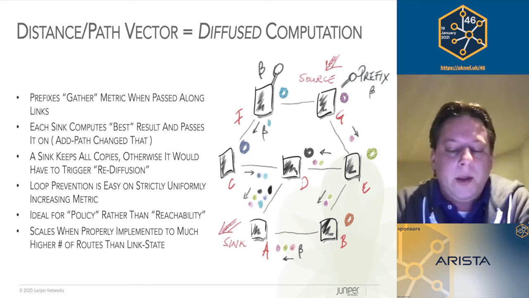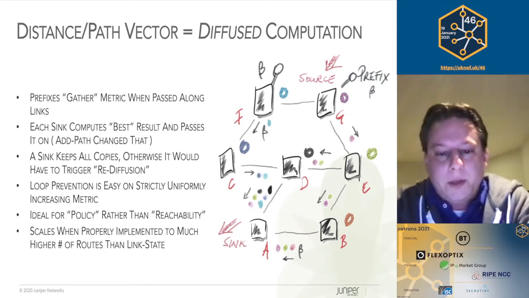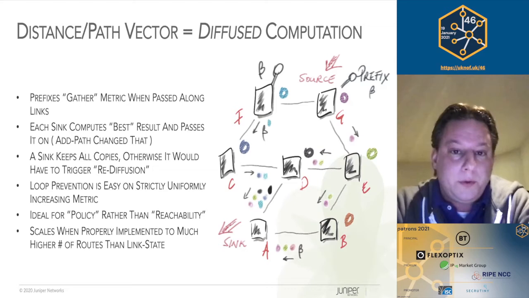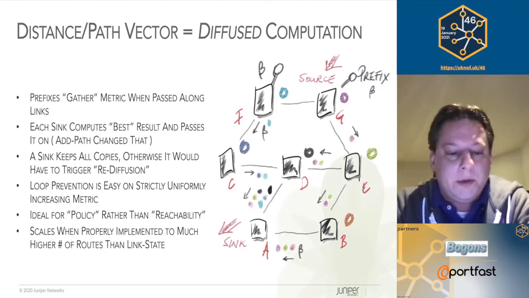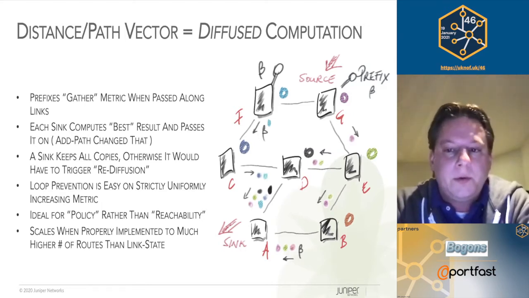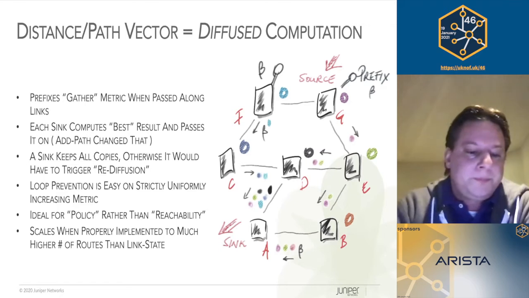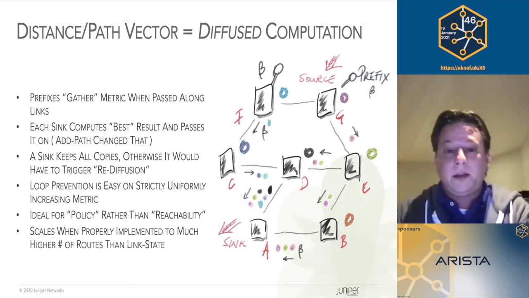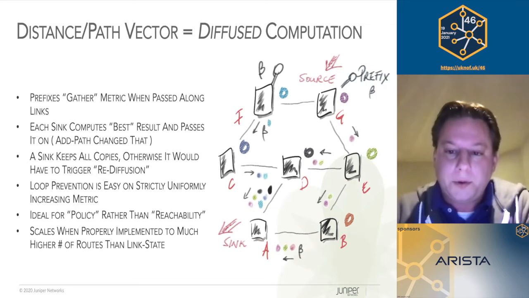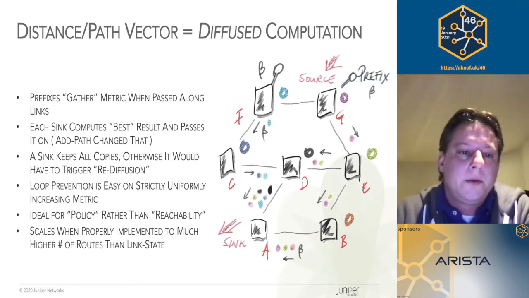You can calculate the shortest path to your neighbor. And BGP is by far the best protocol if you want to do traffic engineering, right? Within these really large fabrics, there is demand for traffic engineering. So by far, BGP offers the best option to do so. And as we all know, it scales the internet. So BGP is pretty good in scaling.